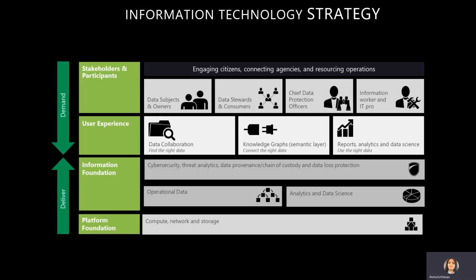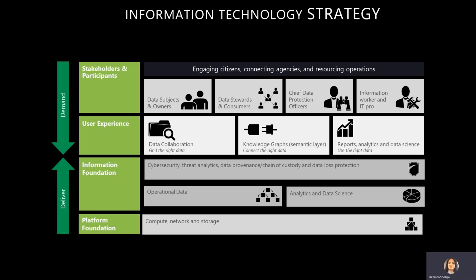To meet all these challenges, let's create a strategy. For the use case that we worked on, what we did first was lay down an information technology strategy for that particular customer. We divided all the tasks into two parts. One was the demand, where it is coming from. This demand is information demand.